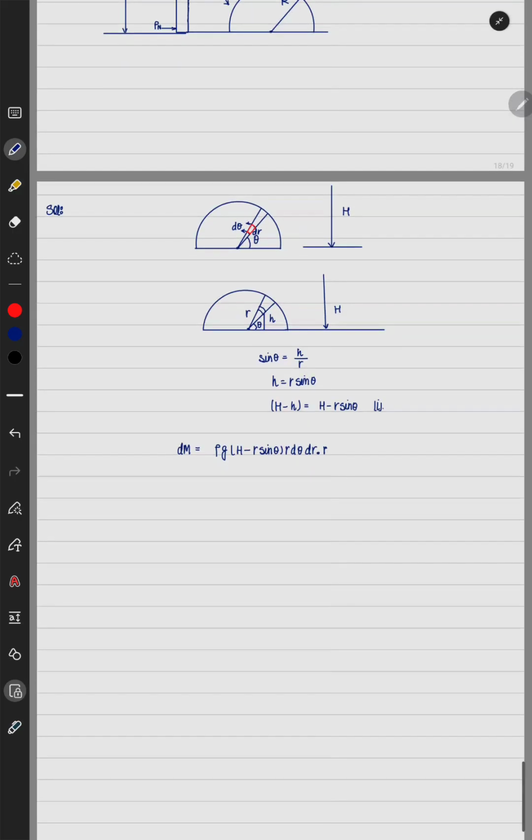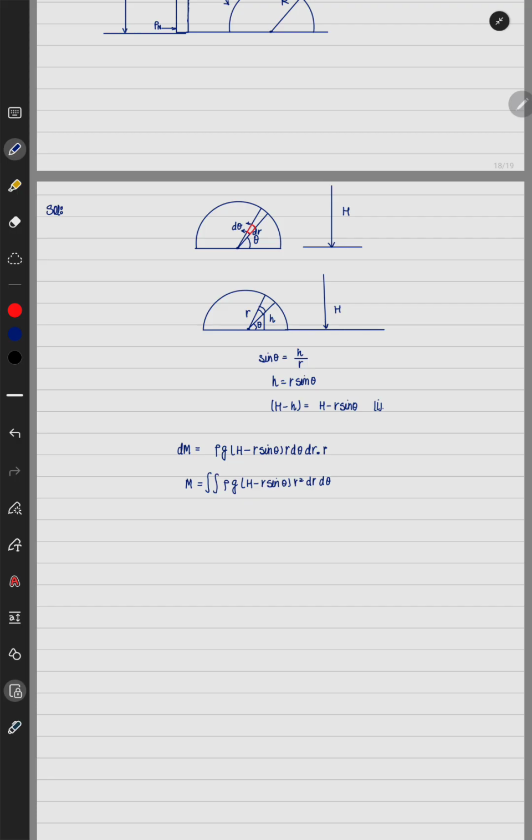All right, so the total M is given by the integral of rho into g into H minus r sine theta into r square dr and d theta. The integral is for both dr and d theta, for variables theta and r.